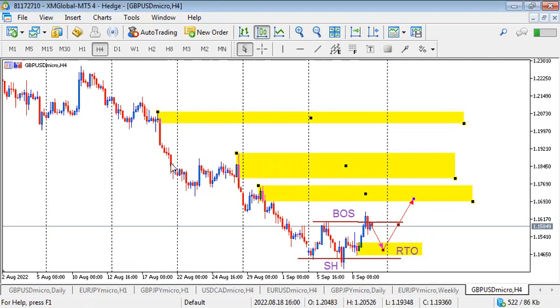There's inefficiency here. There's inefficient price to be filled.